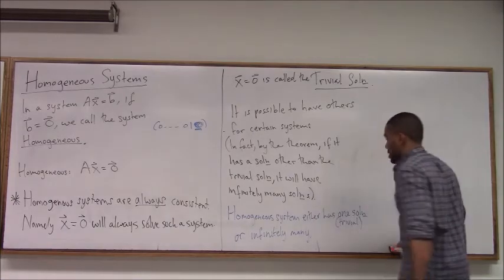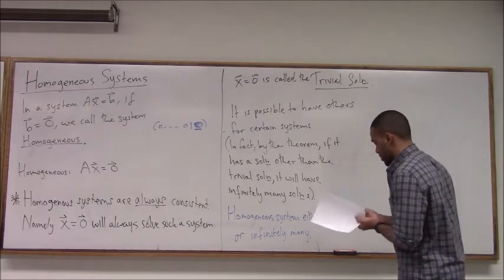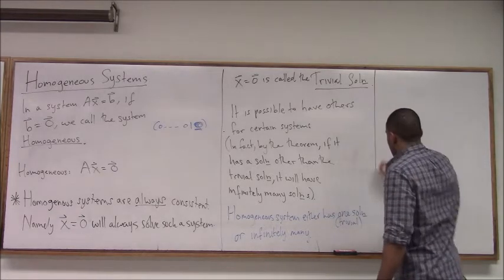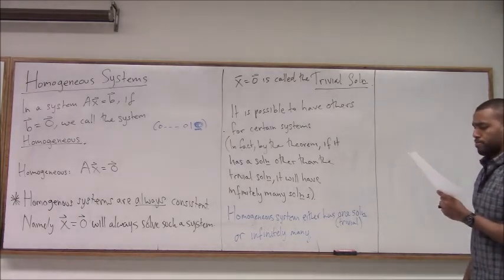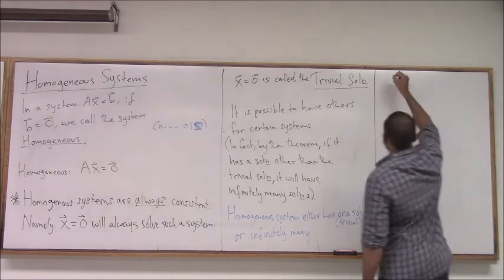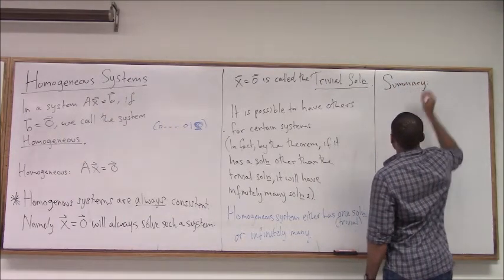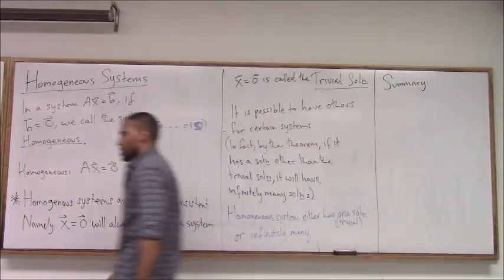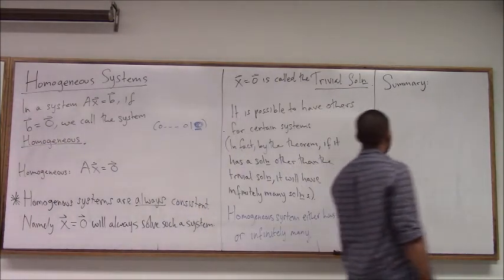Not covering as much as I wanted to, but let's be thorough here. I wanted to summarize. If you're very good at solving systems, you probably don't have to write this down.